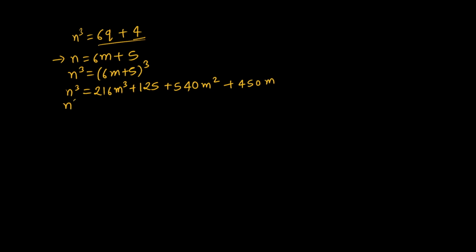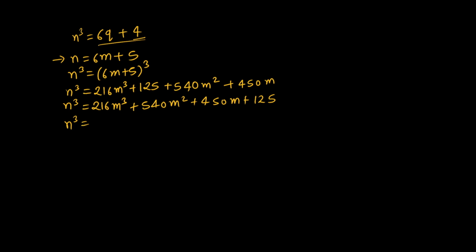So we will arrange in exponential form. So we will get 216 m cube plus 540 m square plus 450 m plus 125.